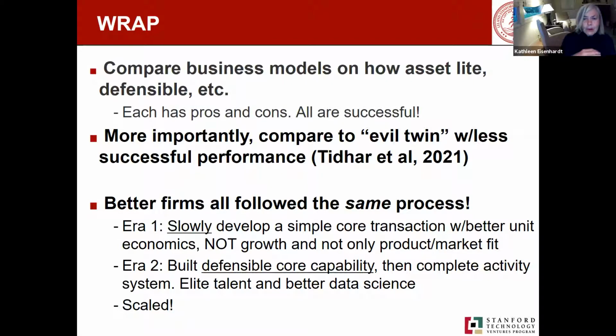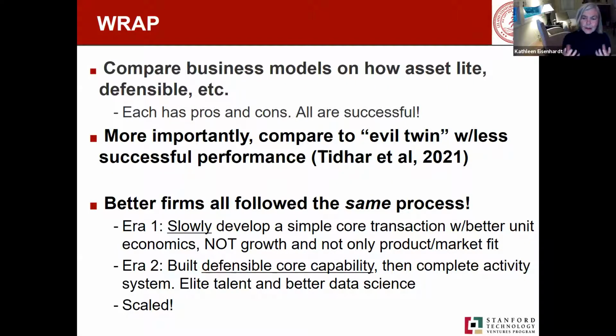I then wrap up and talk about a study that Ron Tidhar, Ben Hallen, and I have written a paper on, because each of these firms also has what we call the evil twin, which is a company that started in the same space and tried to do the same thing. For example, tried to predict what people wanted, like Stitch Fix did. So we have a firm that really succeeded, and one that was usually pretty good but didn't succeed.